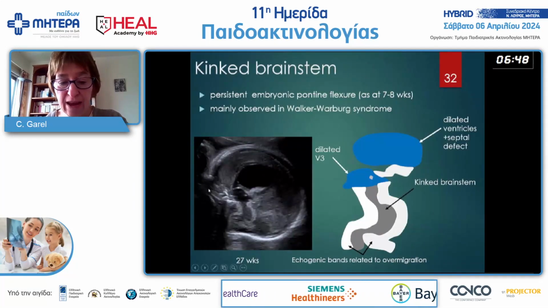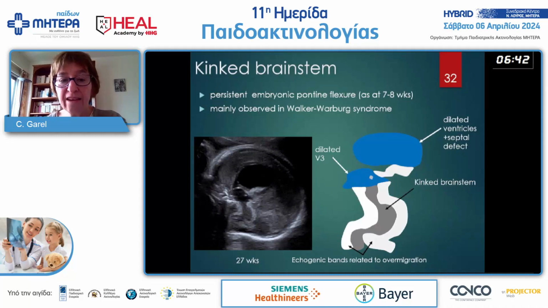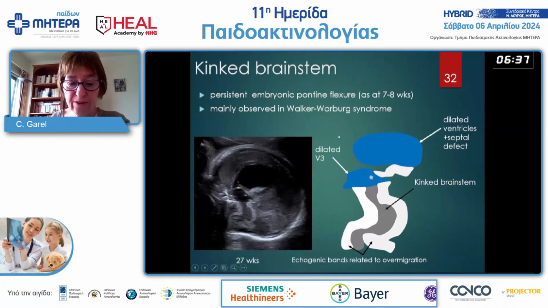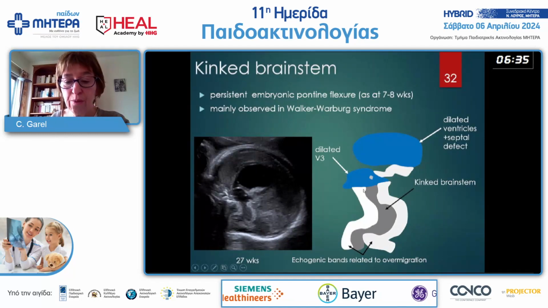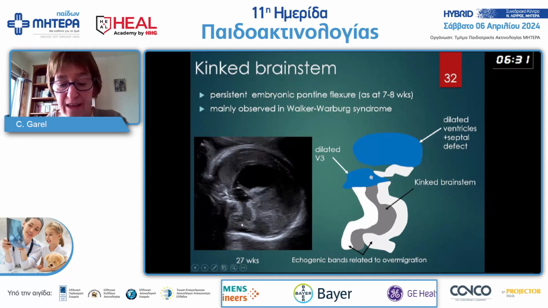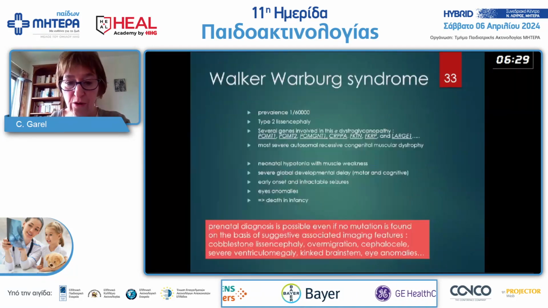The kinked brainstem is related to the persistent embryonic pontine flexure. It is mainly observed in this setting. And also, on the borders of this brainstem, you can see the echogenic bands related to overmigration.